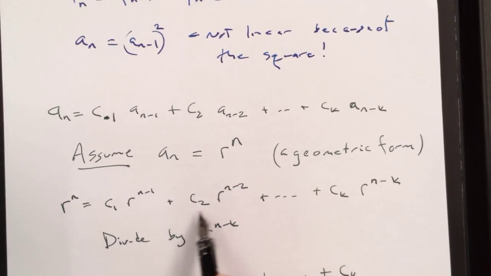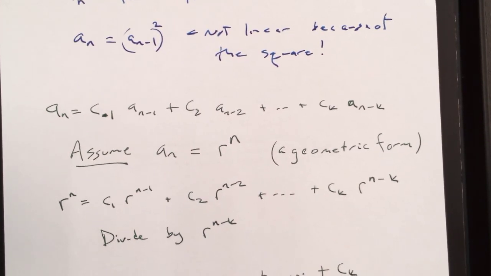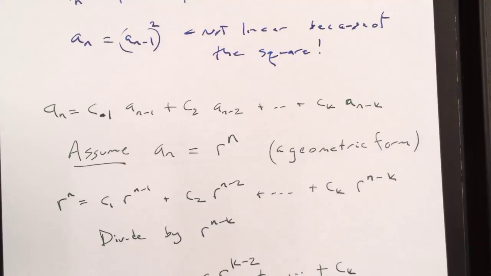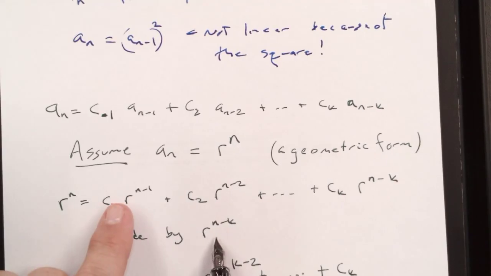What do I get when I do this? I'm going to have to subtract n minus 2 minus n minus k. What happens to the n's? They cancel. So I have negative 2 minus k, negative 2 plus k. What happens when I do this one?